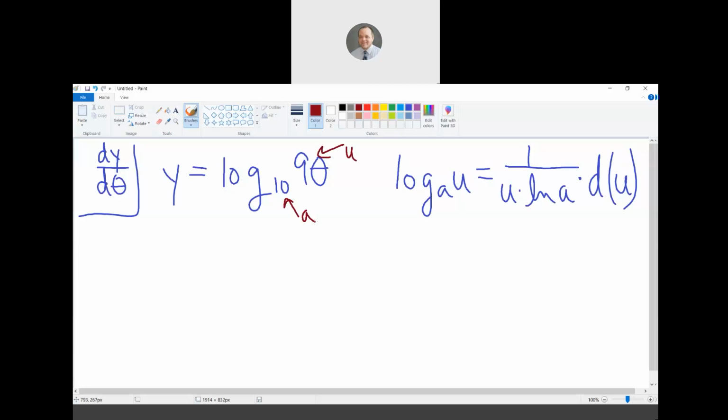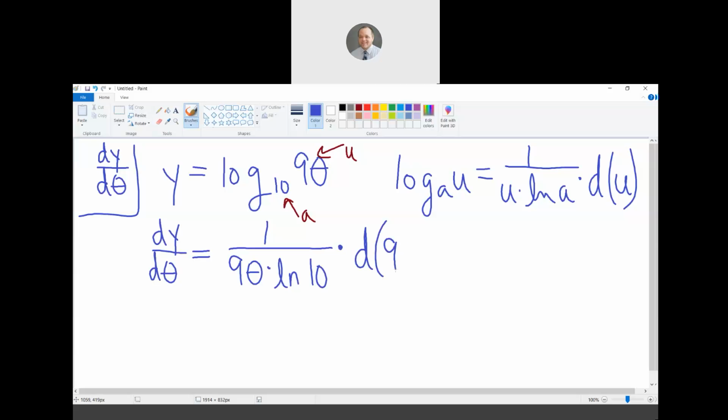So the derivative of y with respect to theta, or dy d theta, is equal to 1 over u, or 1 over 9 theta, times natural log of a, or natural log of 10, times the derivative of u, or derivative of 9 theta.